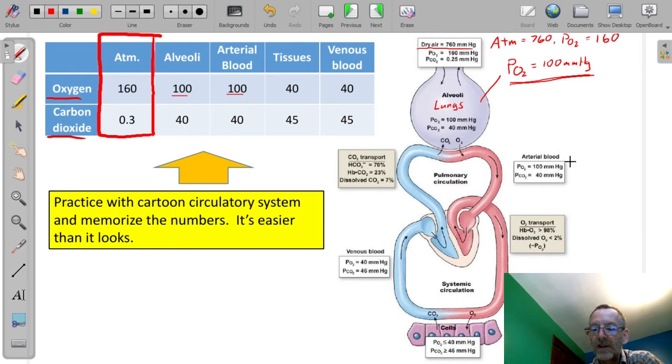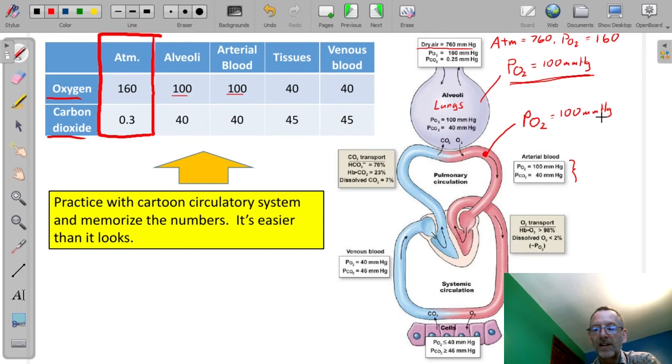So in the blood, again, if you can read these numbers, the partial pressure of oxygen in the arterial blood is 100. Now, keep in mind that the only place gases exchange is at capillaries. Well, that occurred at the pulmonary capillaries. And the oxygen diffused from the alveoli into the blood.